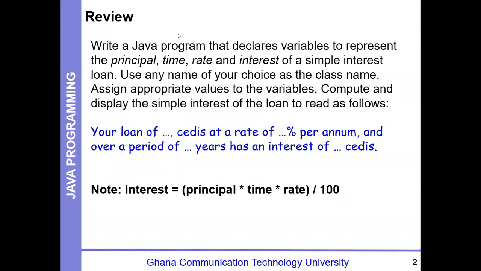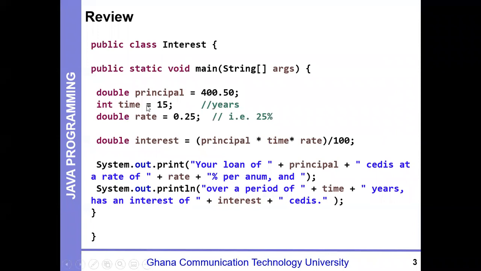You can give them any names that you want, but I've decided to stick to principal, time, and rate because they are not Java keywords. So you can use principal as a variable name, you can use time, rates, and interest.